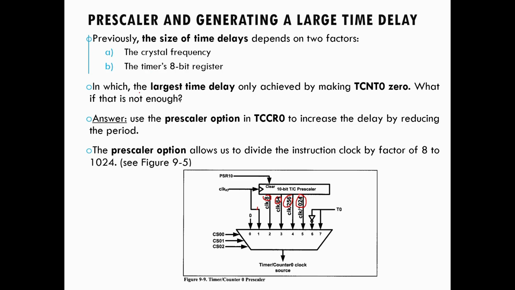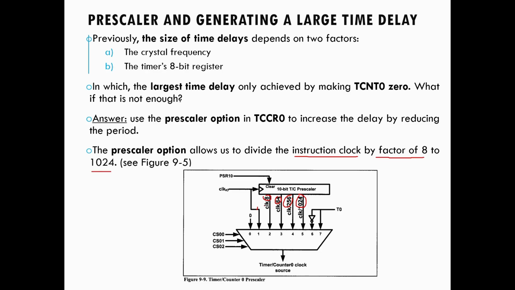The largest time delay is only achieved by making TCNT 0, 0. What if this is not enough? That's why we have the prescaler option in TCCR 0 to increase the delay by reducing the frequency. The prescaler option allows us to divide the instruction clock by a factor of 8 to 1024.